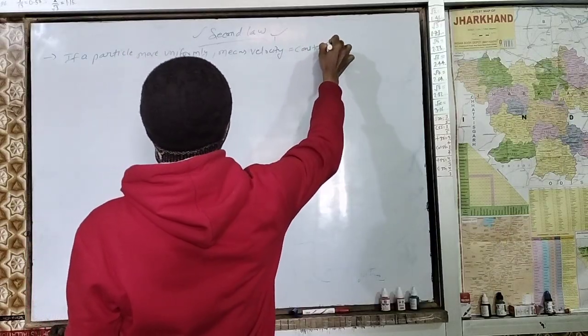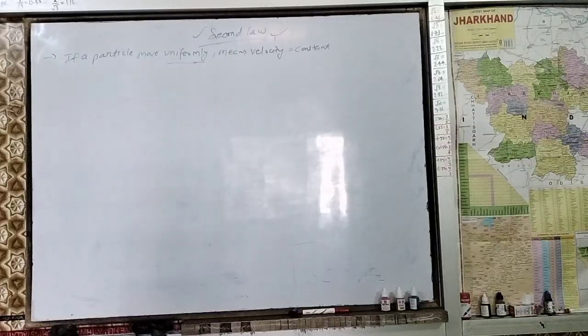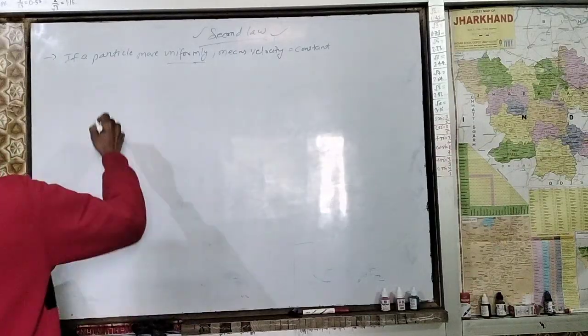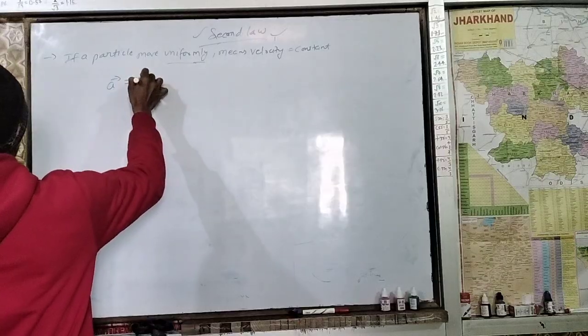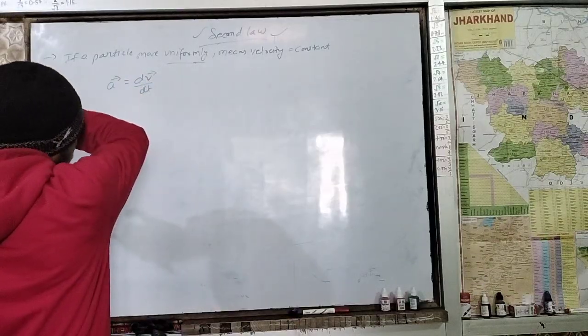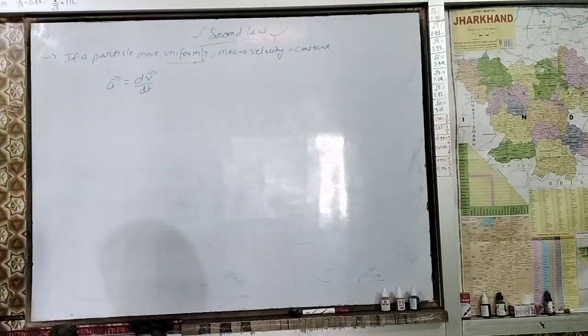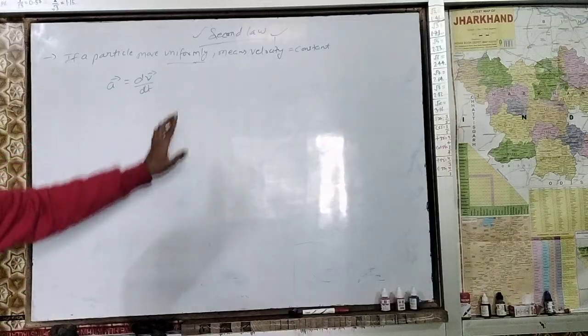Uniformly means equal. So for this condition, we have acceleration equal to dv upon dt, where velocity is not zero but velocity is constant. We know acceleration will become zero.